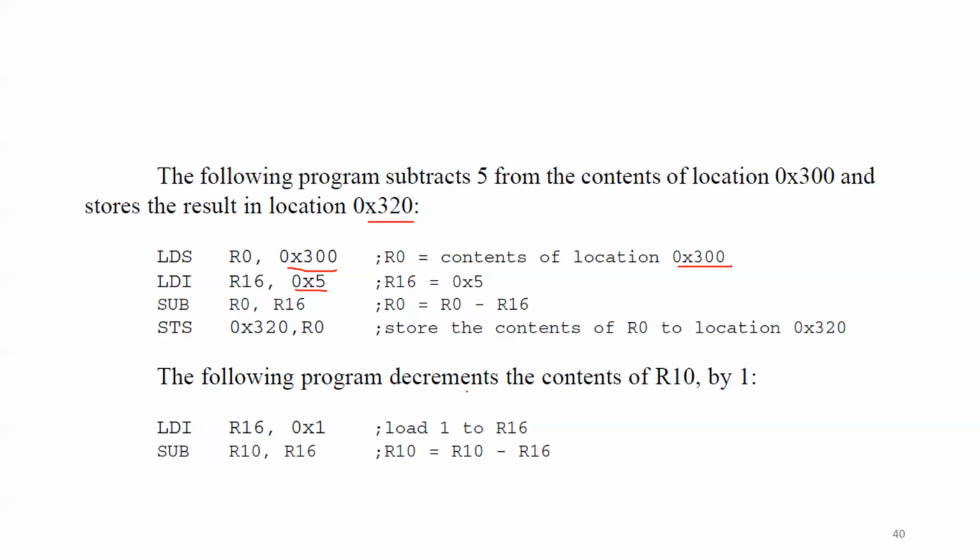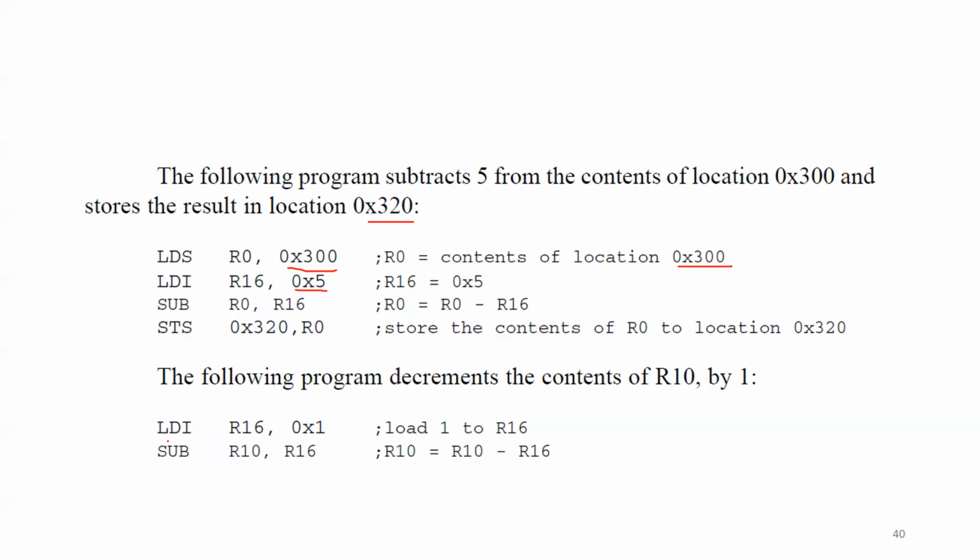The following program also decrements the content of R10 by 1. Decrement is typically like subtracting 1, so decrement is equal to the value minus 1. It's like increment, adding 1 to the value.